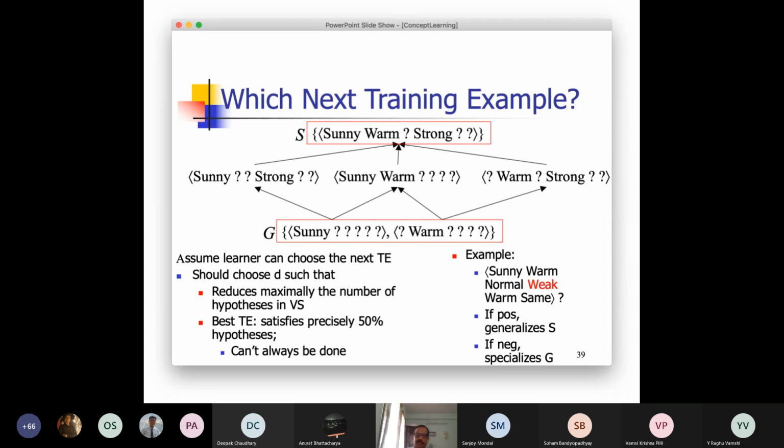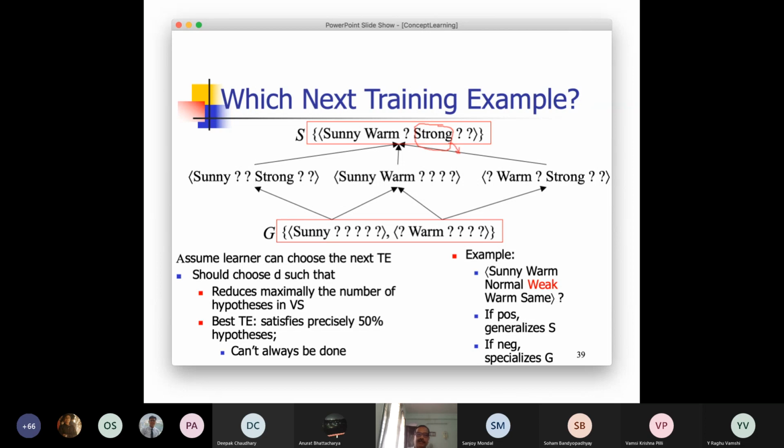Since weak is considered, your S will be generalized. For a positive sample, this needs to be modified, right?